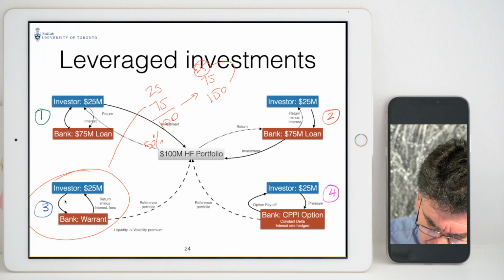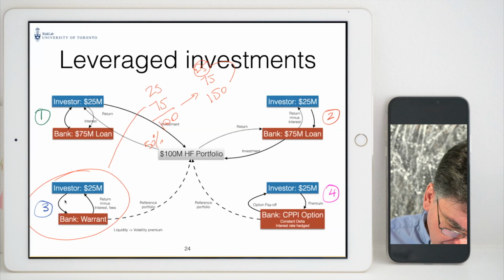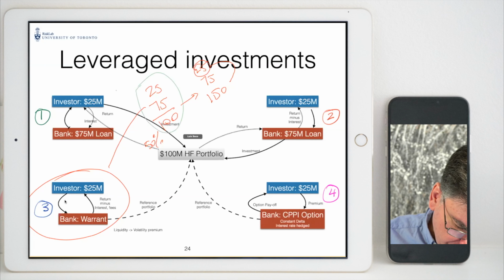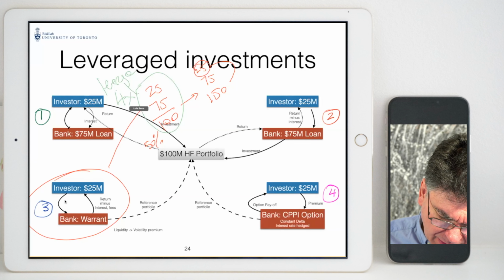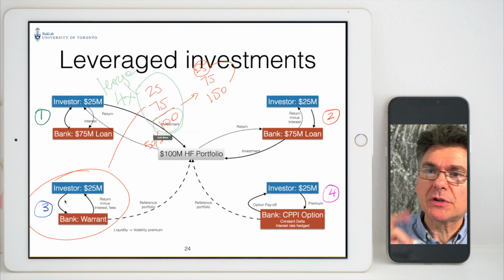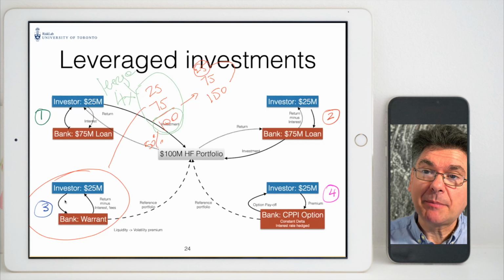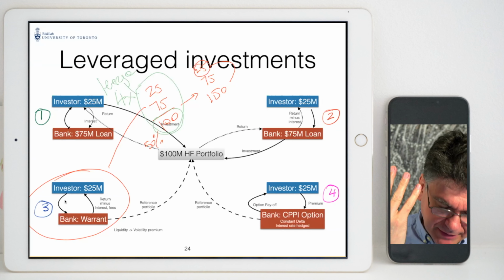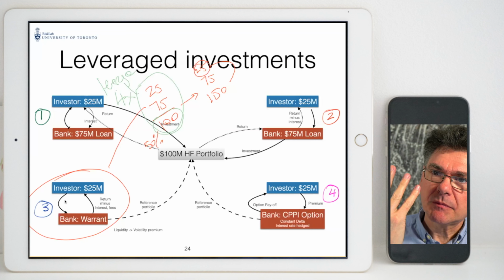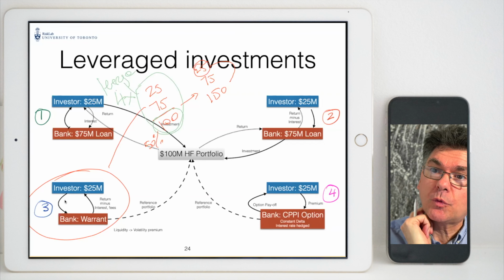I'm going to put the leverage in green. The leverage in this example is 4 times, meaning the amount of money that is invested is 4 times the amount of money you invest. Your return will be amplified by a factor of 4 times leverage. Okay? 100 is your money times 4.